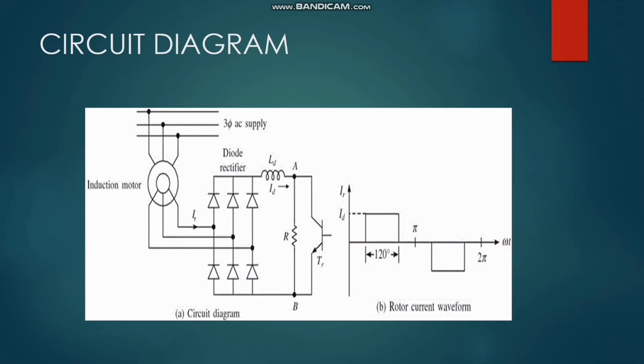This is the circuit diagram for the static rotor resistance control of an induction motor. In this, there is an induction motor. The rotor of the induction motor is connected to the diode rectifier, the resistor and the thyristor.